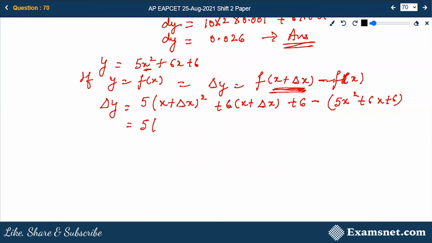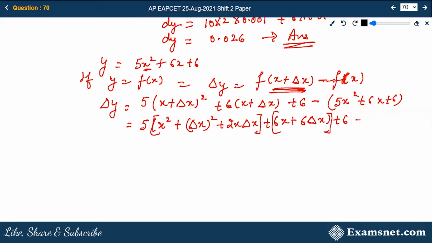So this will be 5 into (x square plus delta x square plus 2x into delta x) plus 6x plus 6 delta x plus 6 minus 5x square minus 6x minus 6.